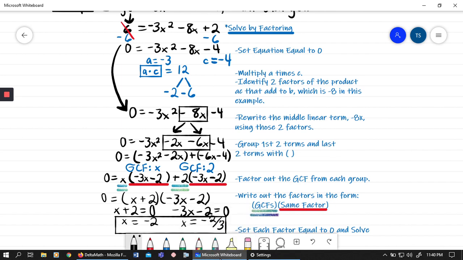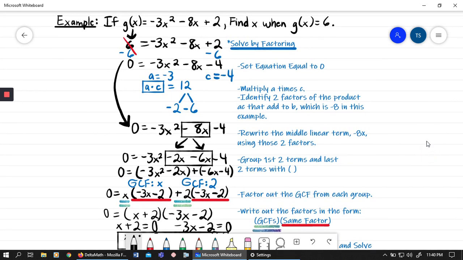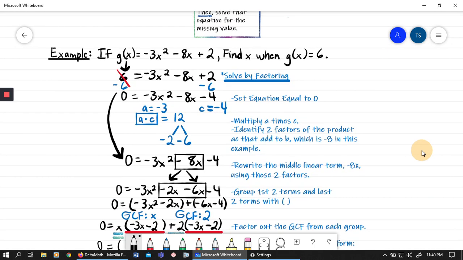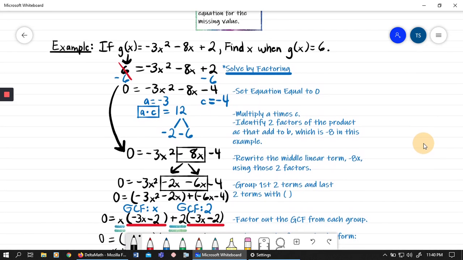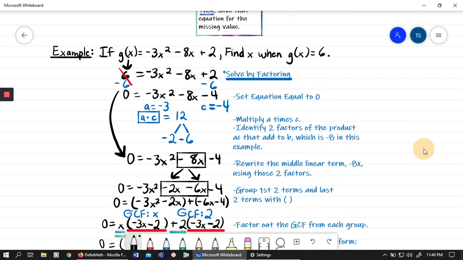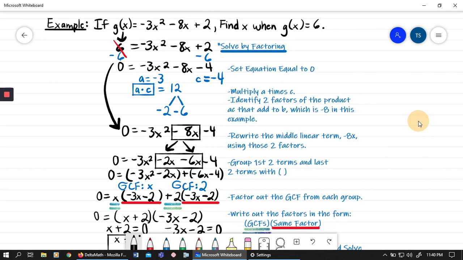Alright, so that was us solving this by factoring. And again, we were finding the x values when g of x was equal to negative 6.